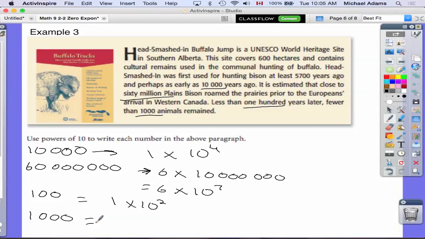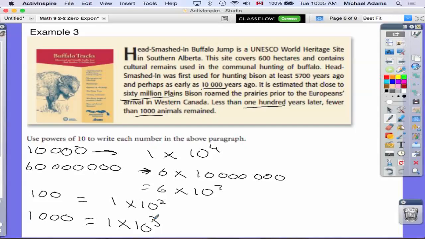Yes, I have to have the 1, right? Take a look. 10,000 was 1 times 10 to the exponent 4. 100 was 1 times 10 to the exponent 2. How about 1,000? It's 1 times 10 to the exponent 3. Okay. Good. And we are done.